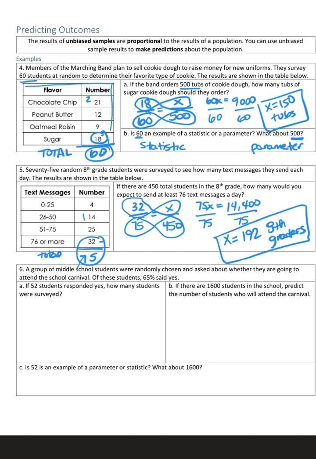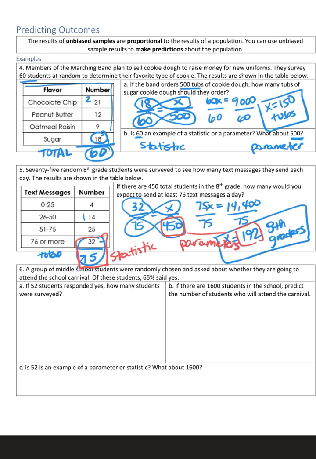All right, that's how many we would expect to send at least 76 text messages a day. All right, so again, these numbers are our statistics. So both of these, if it asked about either one. And then this, the 450 and the 192, those are going to be parameters.